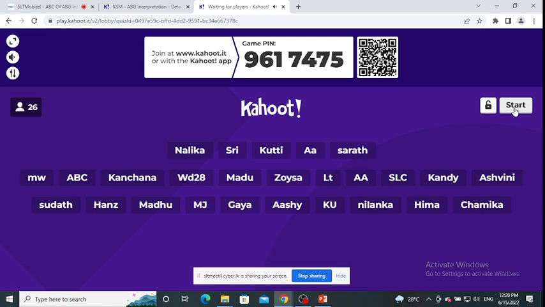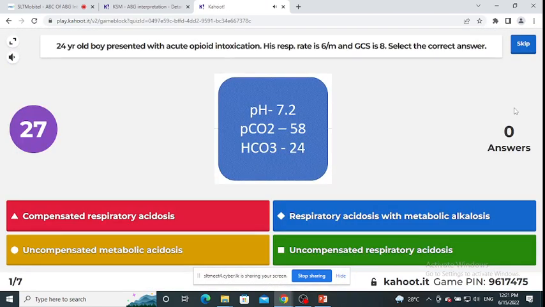Right, you can select the answer from your phone. This is question number 1. Select the answer and enter the answer from your phone. A 24-year-old boy with acute opioid intoxication. The blood gas is given.